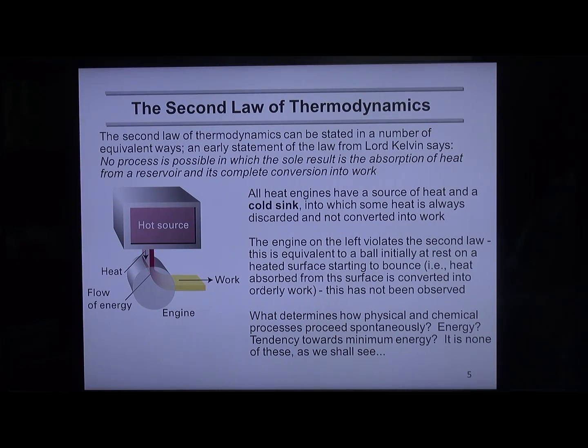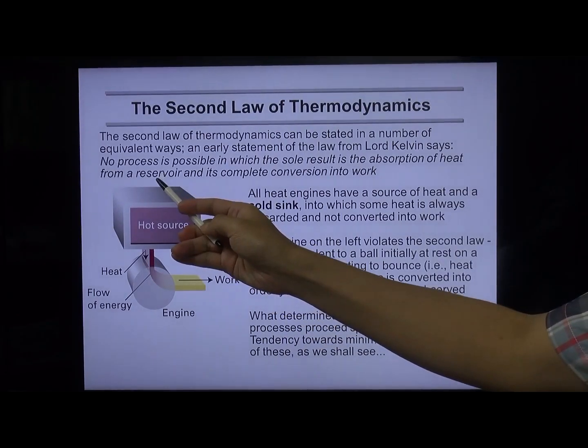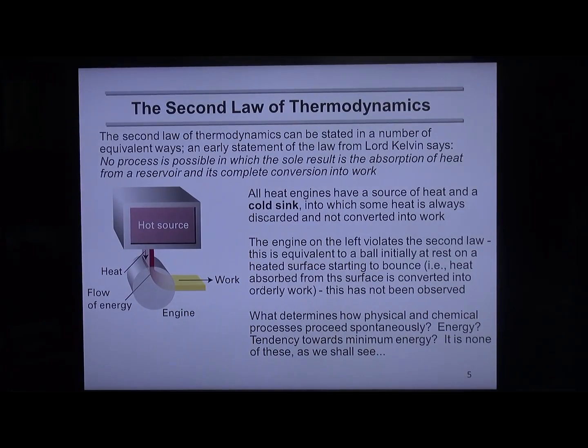Before we do that, when I showed you the statements of Lord Kelvin and Clausius, I showed you a hot body and a cold body, right? Those hot and cold bodies are examples of heat reservoirs. A heat reservoir is just an ideal concept, which is a very large system of uniform, constant temperature, which does not change regardless of the amount of heat added or withdrawn.